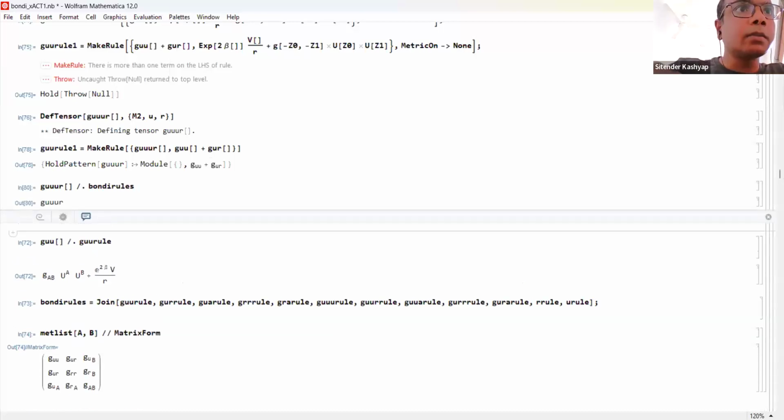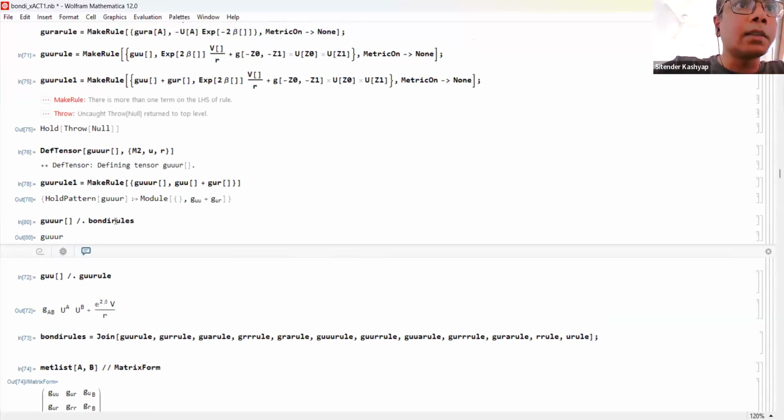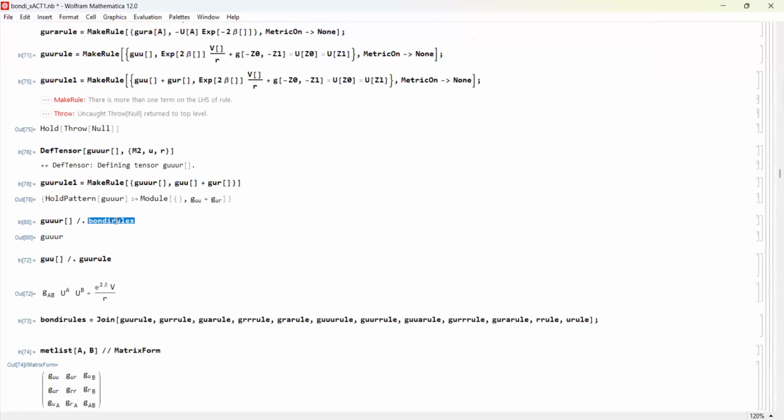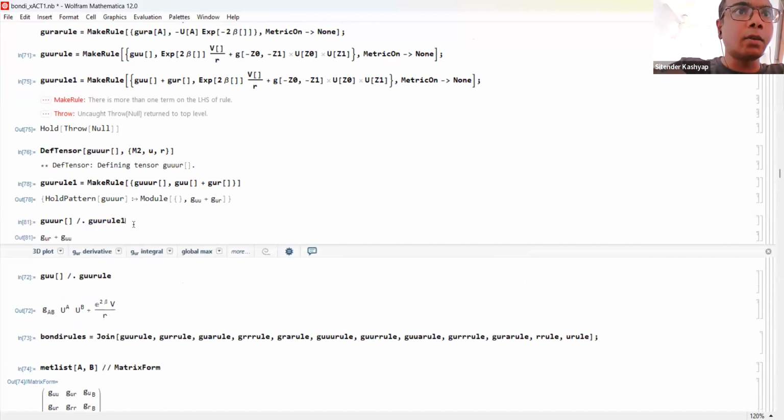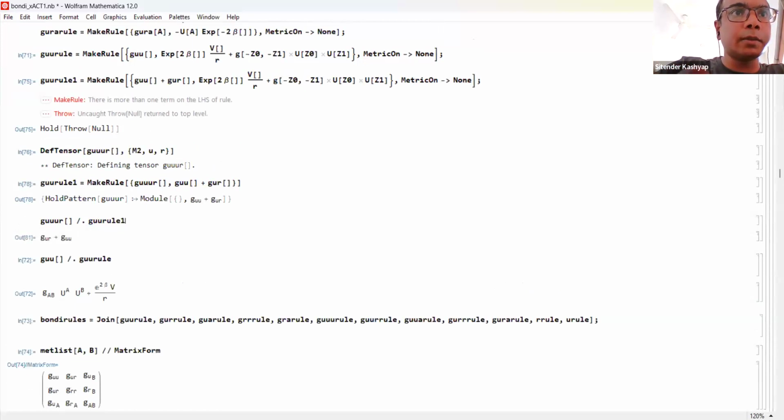Yeah, it can be done, but let's see. First, we have to give this thing, this rule, GUU R rule 1, so that it converts to this, and on top of this, then we give Bondi rules.